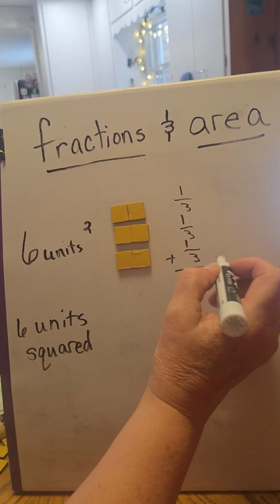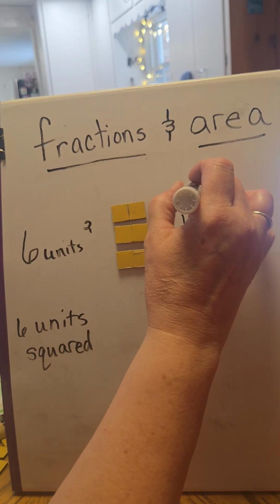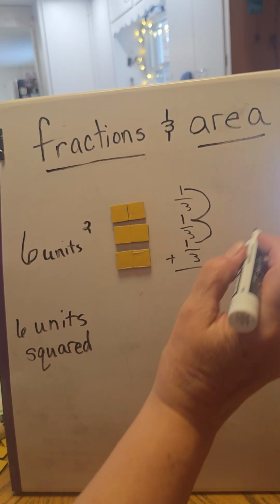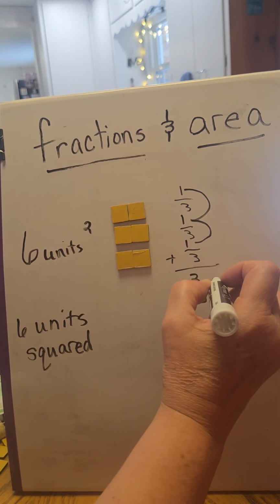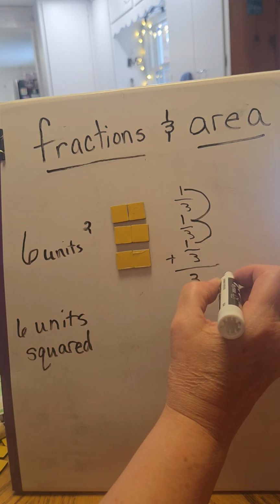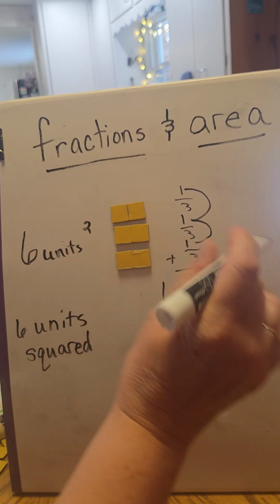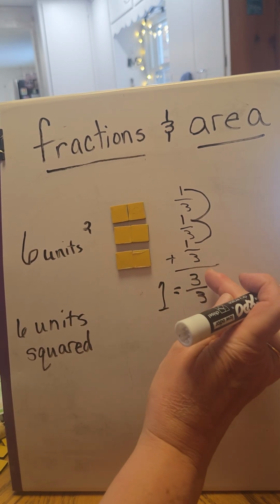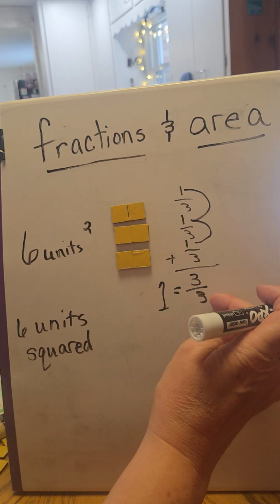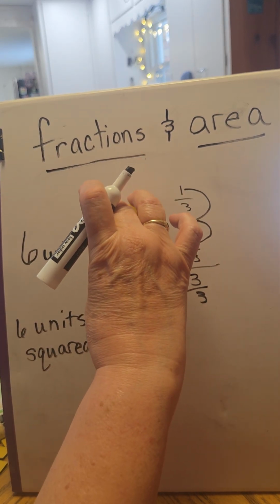All right, so let's add them together. 1 plus 1 plus 1 is 3 thirds. We did that in the last video, which is the same as saying 1 whole. So the whole group, we put it back together again. That's how you know that you did it right, because the numerator and the denominator, the top and the bottom, will match. Let's partition it.